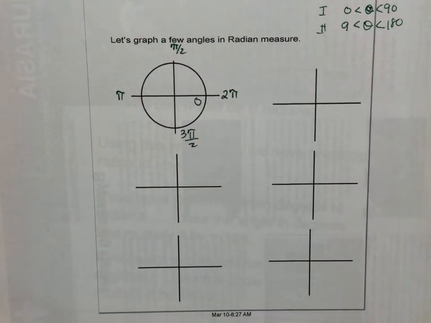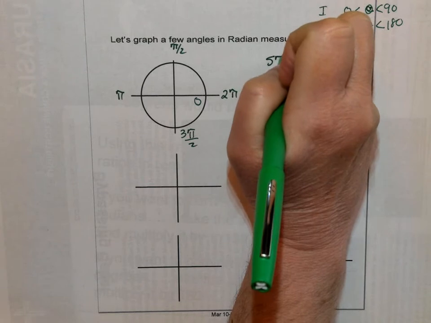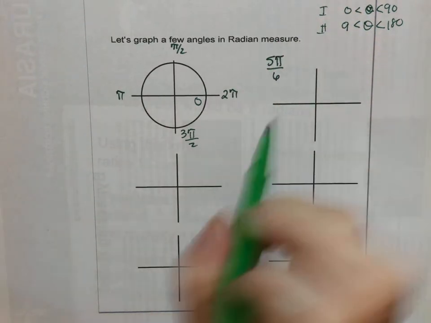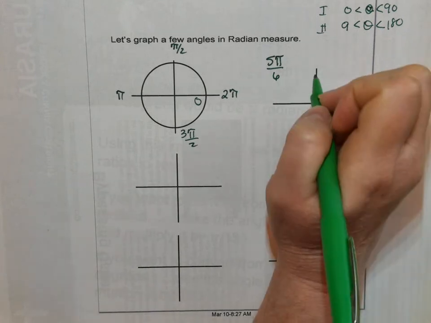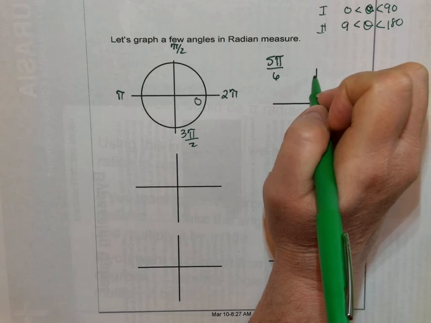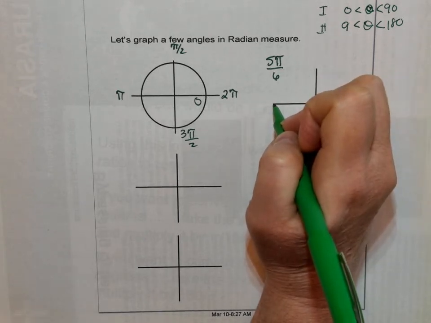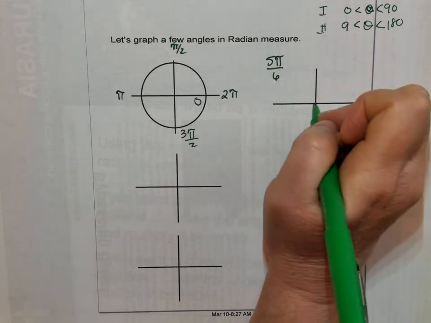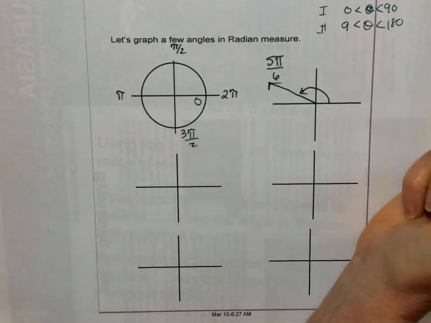So if we think in terms of fractions, if I want to graph 5 pi over 6, think about that a minute and ask yourself these questions. Is it more or less than 0? Well, it's more. Is it more or less than 1/2? Well, it's more. Is it more or less than 1? It's not quite 1. 5 divided by 6 is close, but not quite. So it would be over here in quadrant 2.